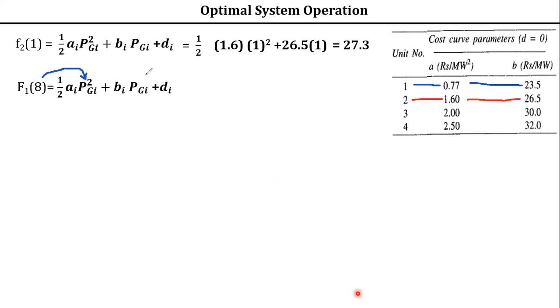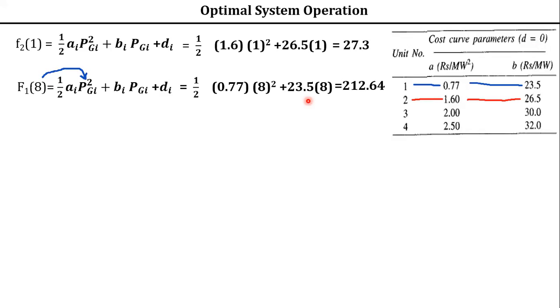So when you substitute those values, what are you going to get? 0.77 is Ai, 23.5 is Bi, Di is 0. If Di is also given, you add the given Di value. Here the D values are 0, and PGi is your 8 megawatt. When you compute this, you are going to get 212.64 rupees per hour. I have not mentioned the unit, but you have to mention it.